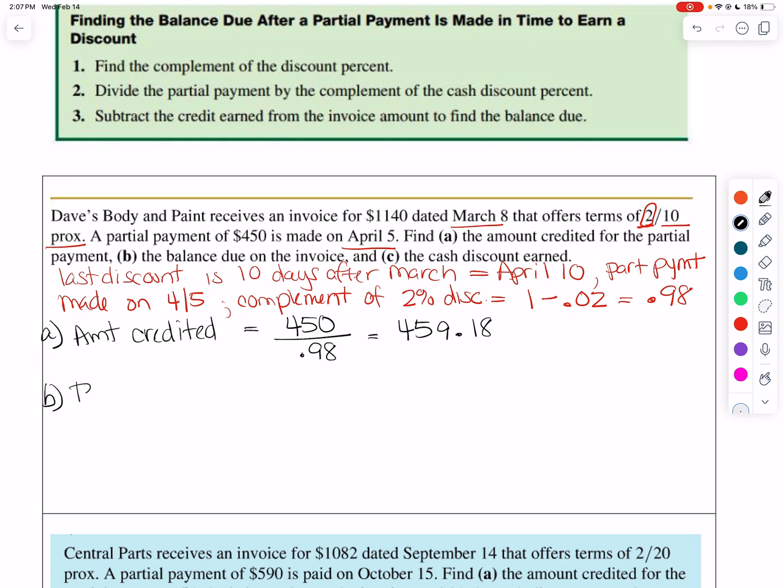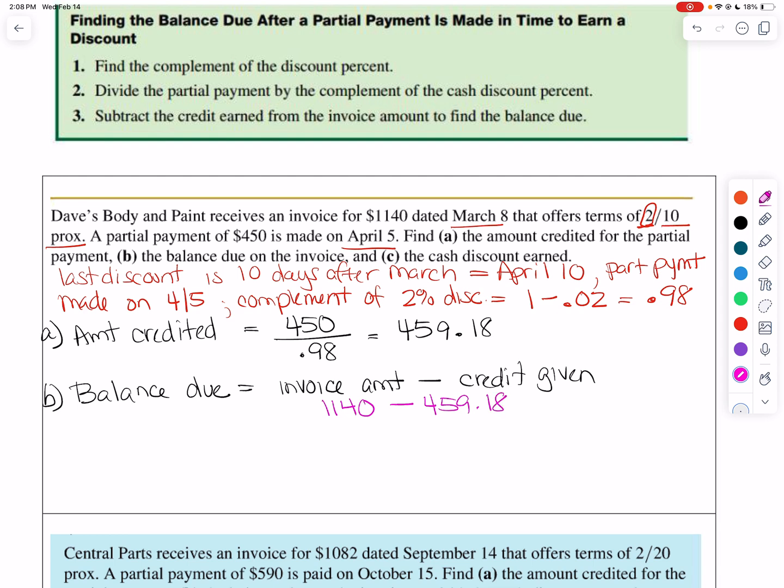Then the balance due is the invoice amount minus the credit given. The invoice amount was $1,140. The credited amount was $459.18, and that says the amount due is $680.82.